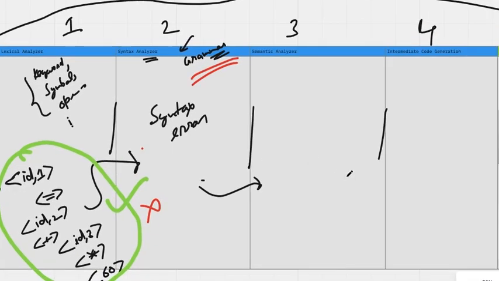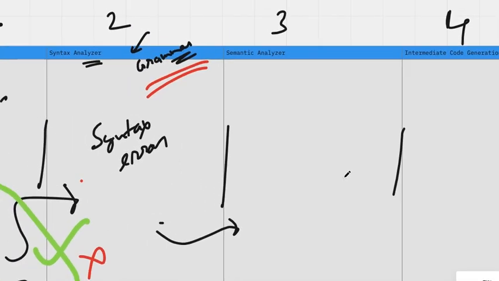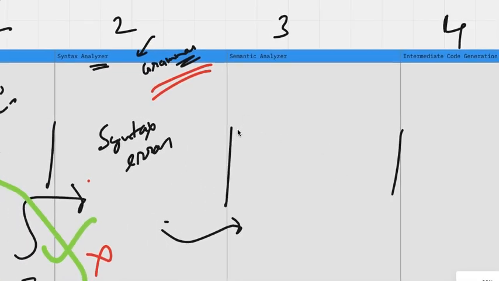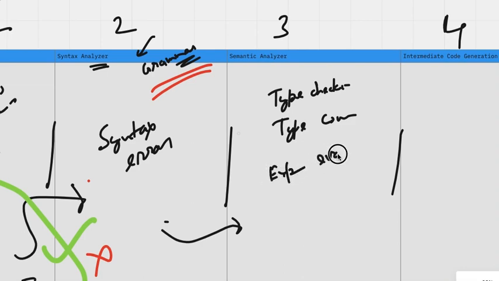The semantic analyzer performs the things which cannot be performed in the previous phase, like type checking, type conversion, expression evaluation, and many more other things are performed in the semantic analyzer phase.